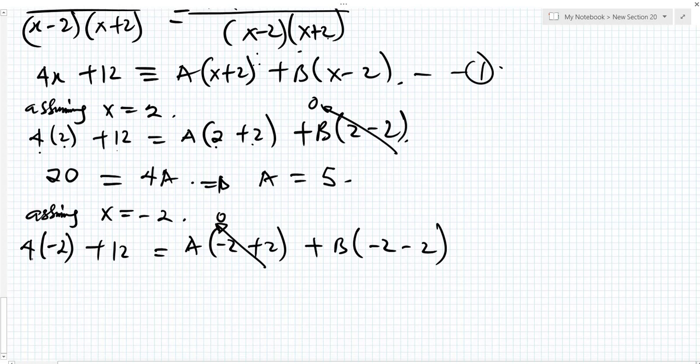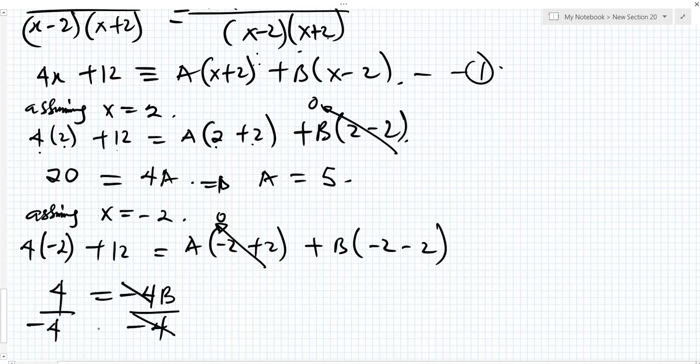So 4 times minus 2 will give you minus 8, plus 12 will give you 4. Minus 2 minus 2 will give you minus 4 times b, which is minus 4b. So divide both sides by minus 4.